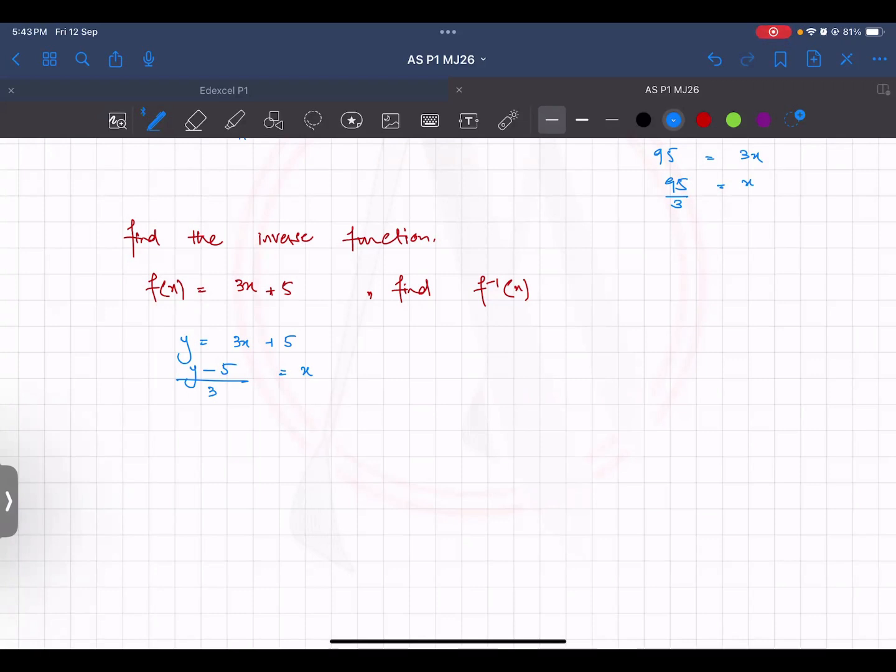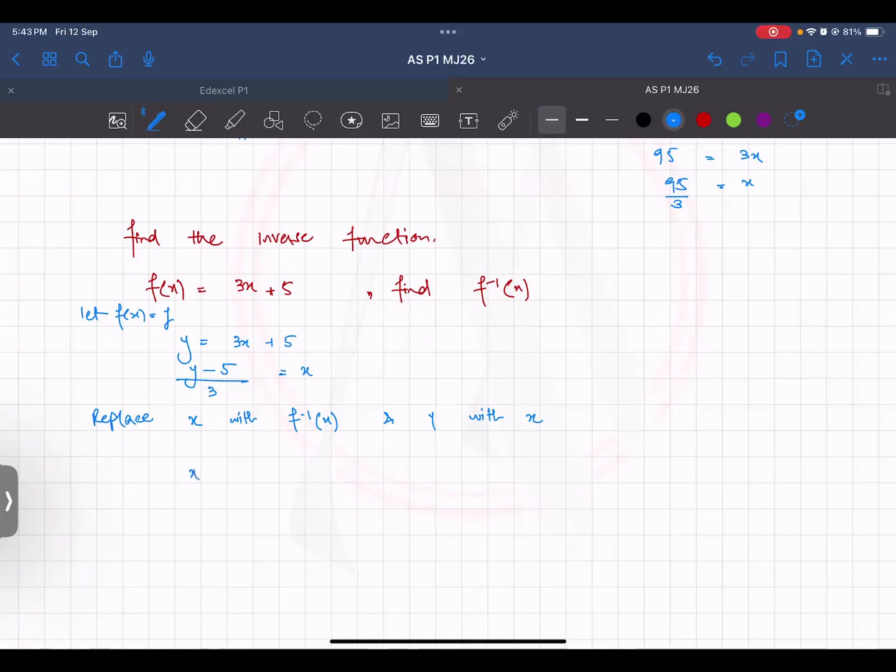Yes, that's right, absolutely. First step is to replace your fx with y, and then you make x the subject. You have made x the subject, and then replace x with f inverse and y with x.